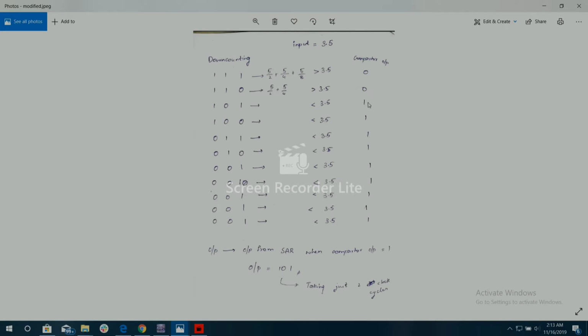The main thing to note here is that whenever we get 1 in a particular clock cycle, from the next clock cycle it doesn't matter, we always get 1 in the output. This is the main advantage of using a down counter. It is basically taking a bigger value and gradually decreasing, comparing with the input.